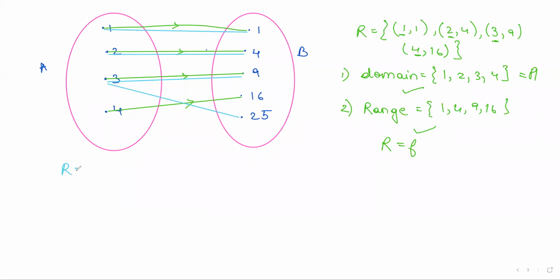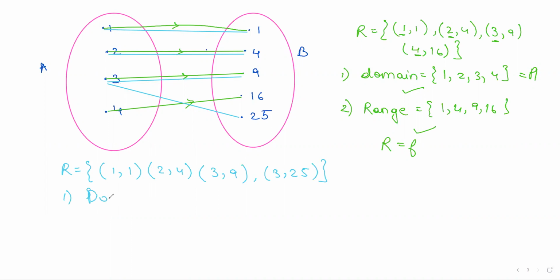So this relation R can be written as (1, 1), (2, 4), (3, 9), and (3, 25). By observation, is the first condition satisfied?